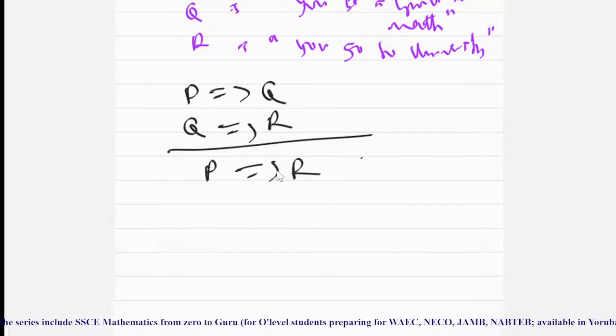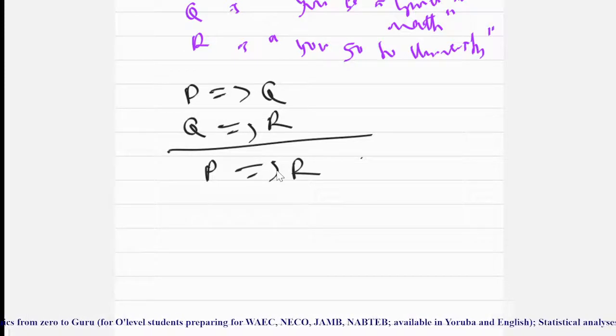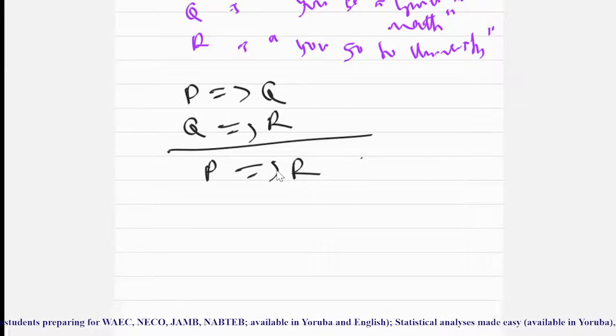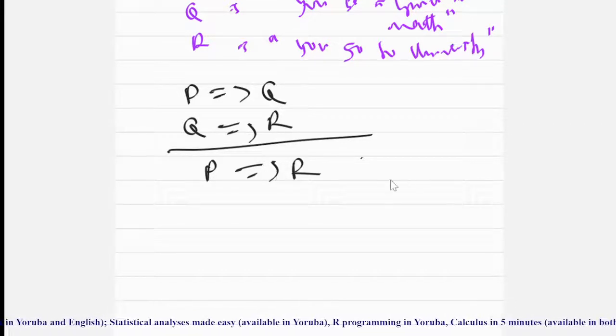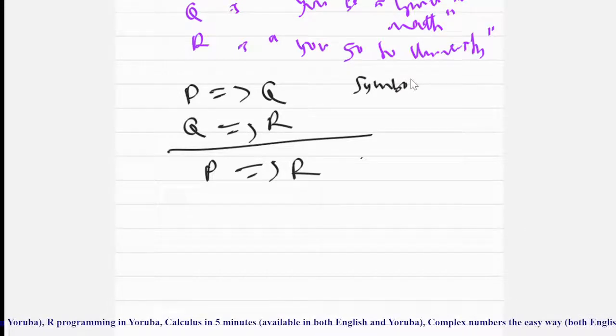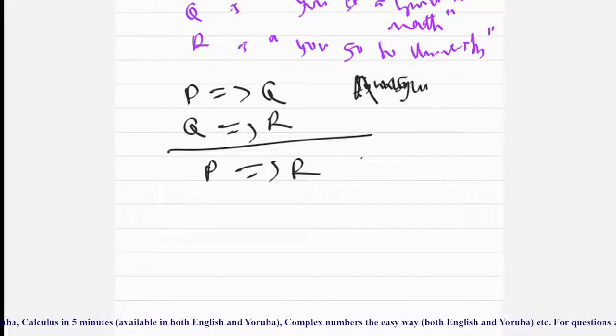A symmetric relation is that if you relate A with B, it is the same thing as relating B with A. And the transitive one, like the one you are looking at now, is that if P relates with Q, and Q relates with R, it implies P relates with R. I hope you understand now. So we've written it in argument form.